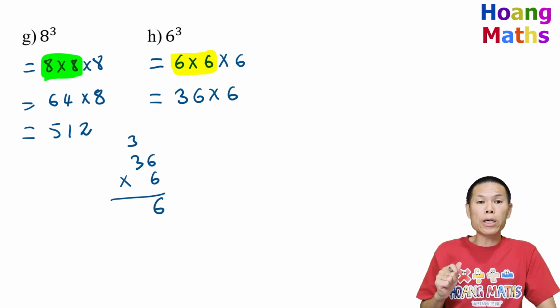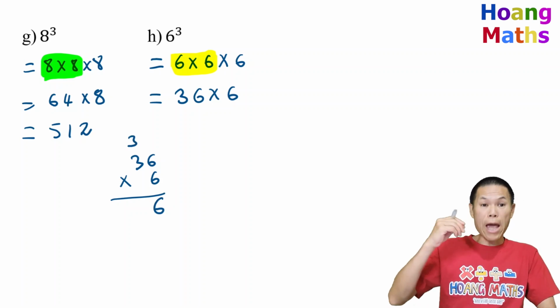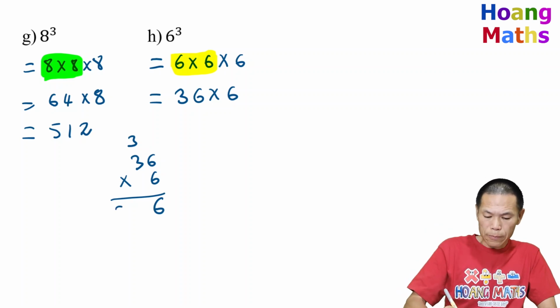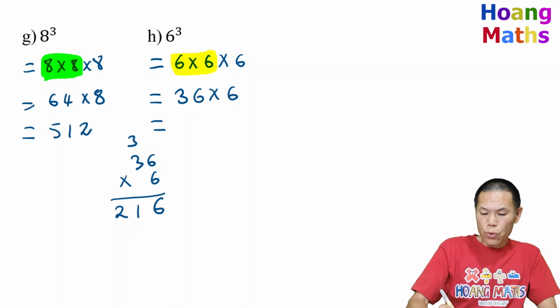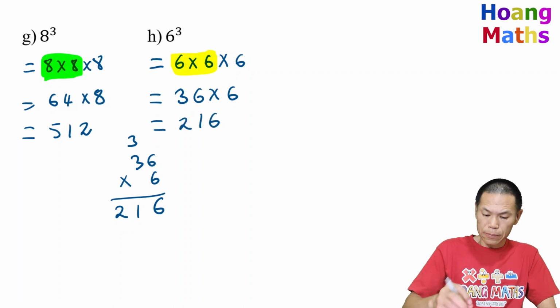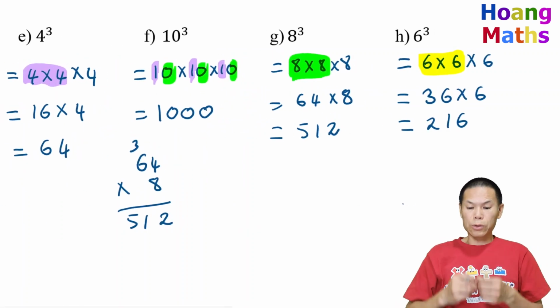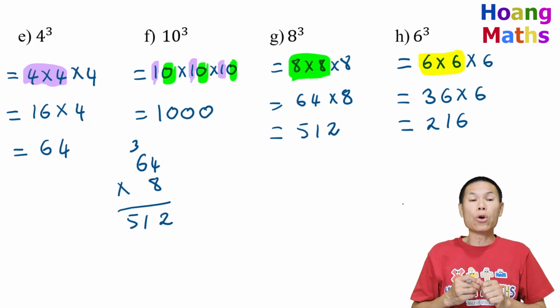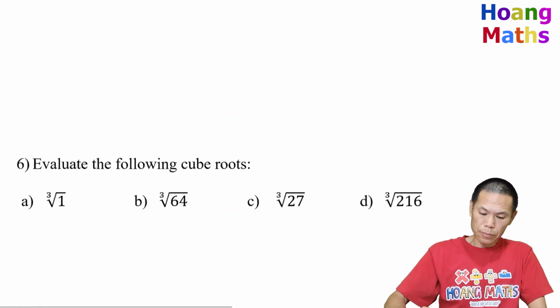And 6 times 3 will give me 18, and we add 3, 21. So the answer is, let me write here, 216. So there you go. I hope you got all of them correct.